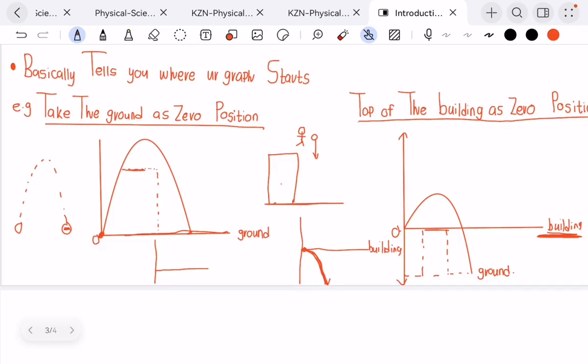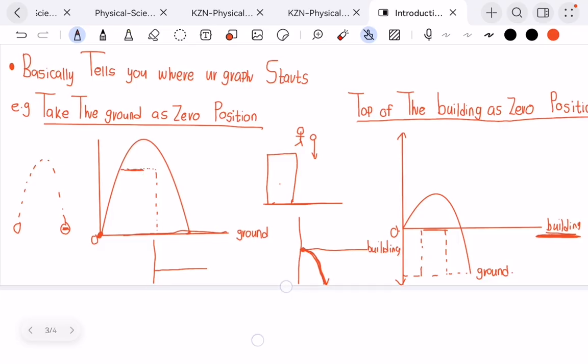Then you draw it up, reach the maximum height, then it goes down. So that's what this basically tells you, where your graph starts and how it should look.